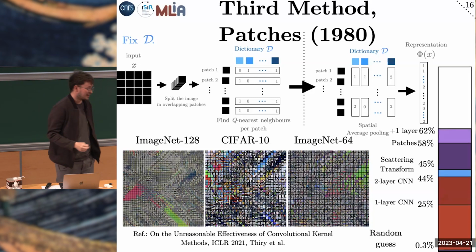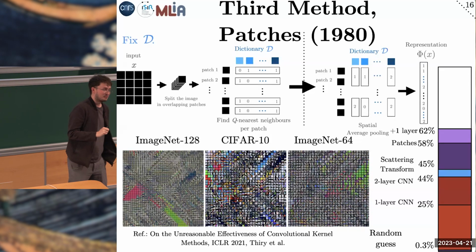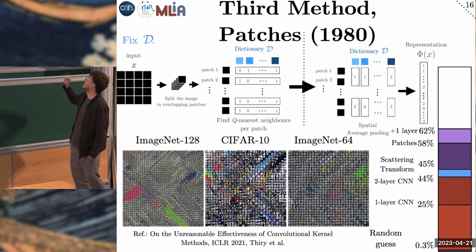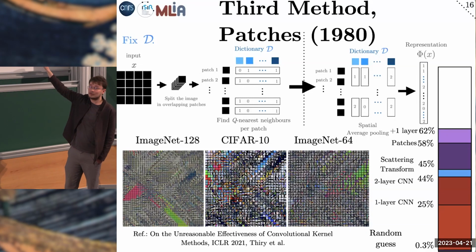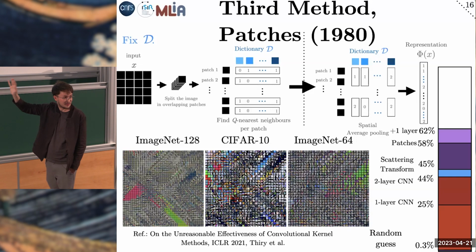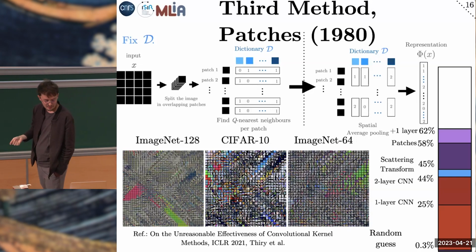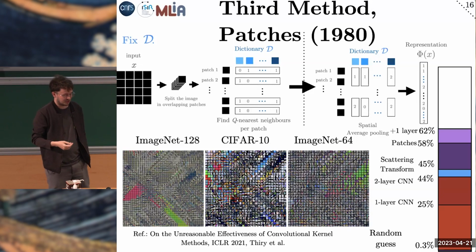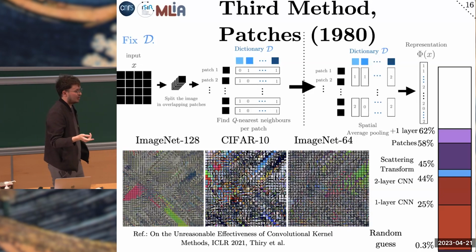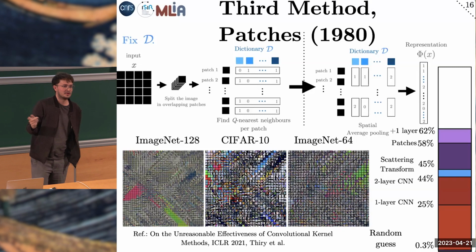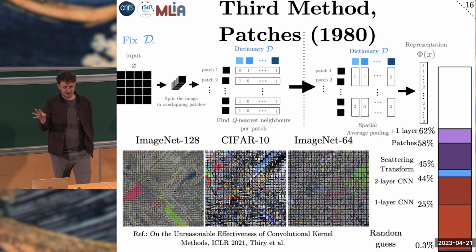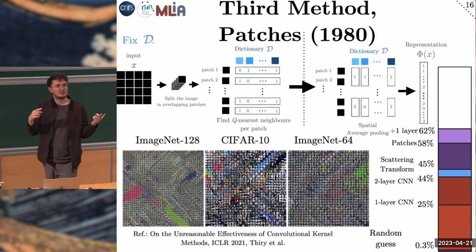And at the end of the day, this is getting, to me, a quite impressive accuracy. So using a linear classifier, we are getting about 60% top 5 on ImageNet, which is, you know, a significant gap with deep neural networks. If you apply one more convolutional layer, suddenly you're able to get a few extra percent. But solely this representation with a linear classifier, to me, is super impressive.